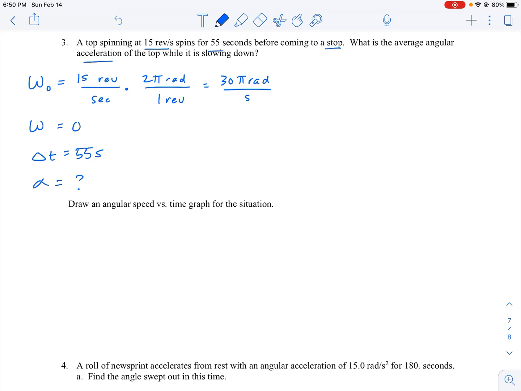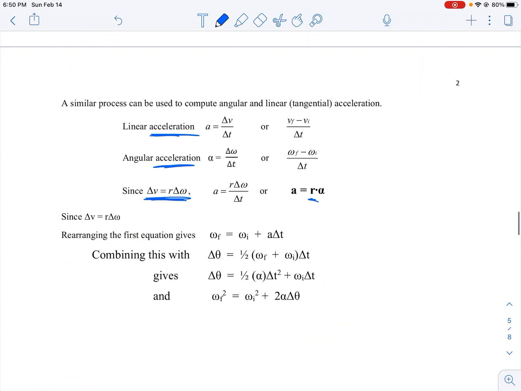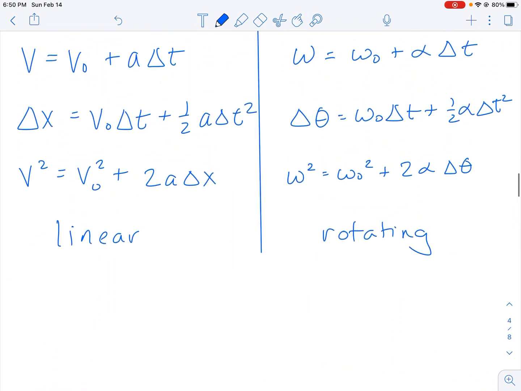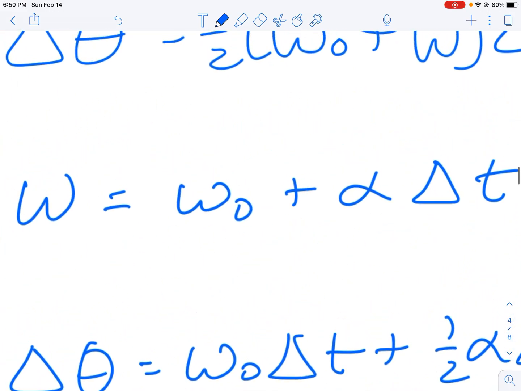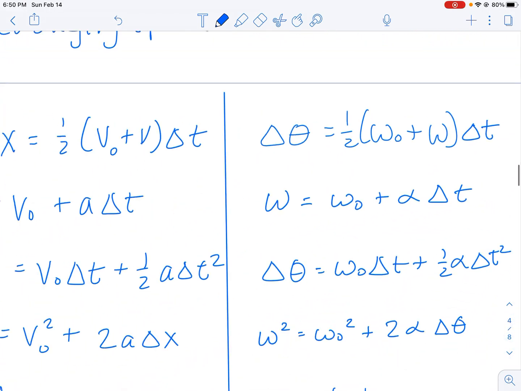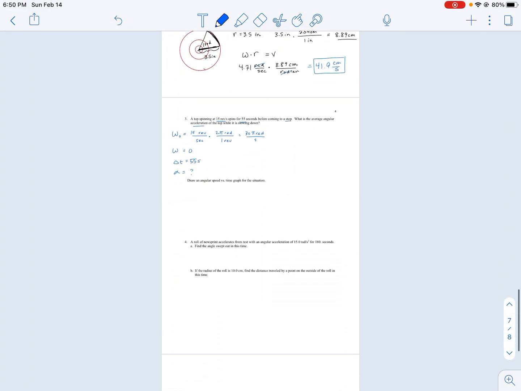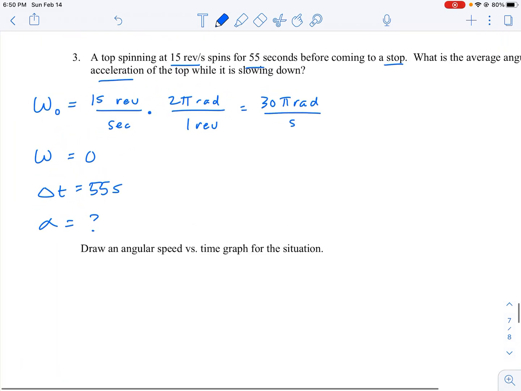So now this process is just like we did before. We would go back to our equations and pick one, and it's this one that I want, the one in the middle of the page. Final velocity equals initial speed plus acceleration times time.